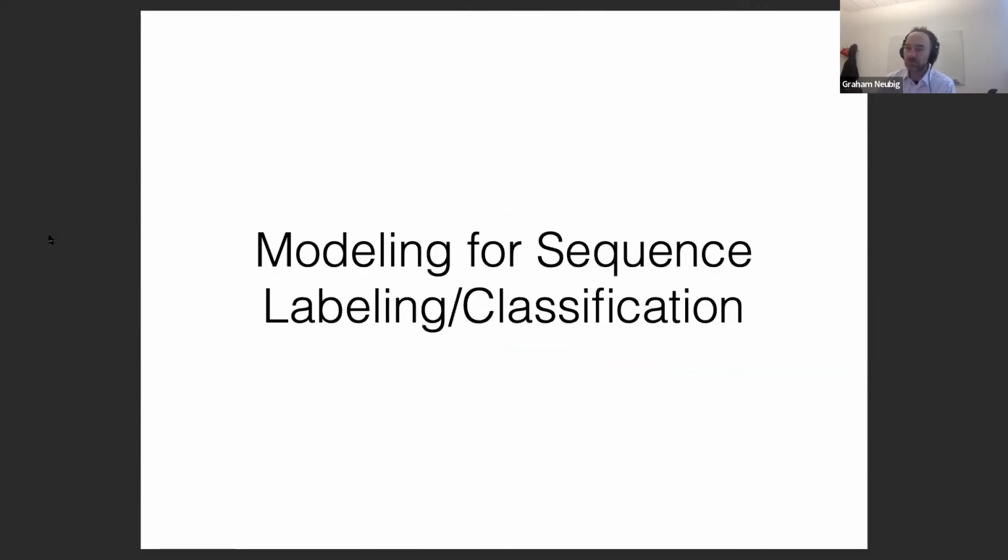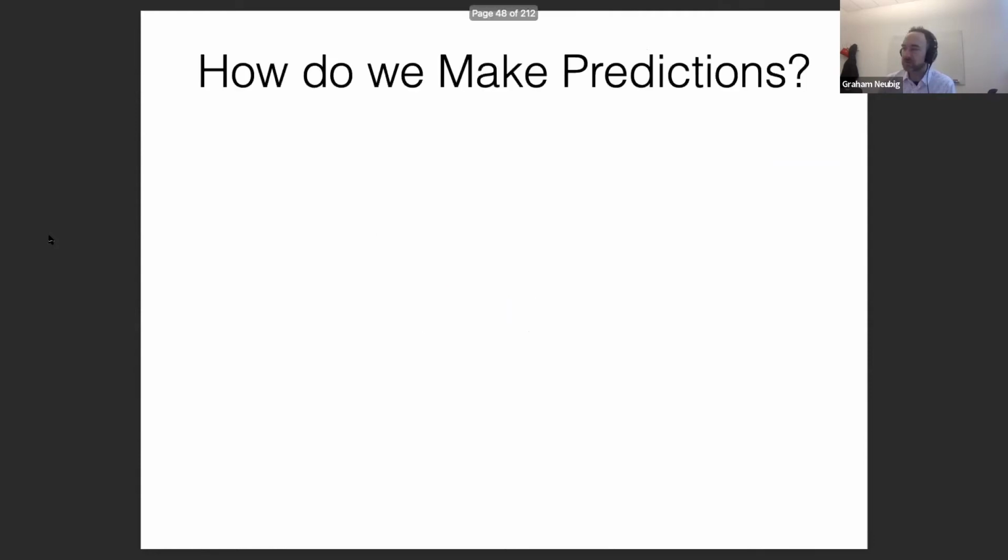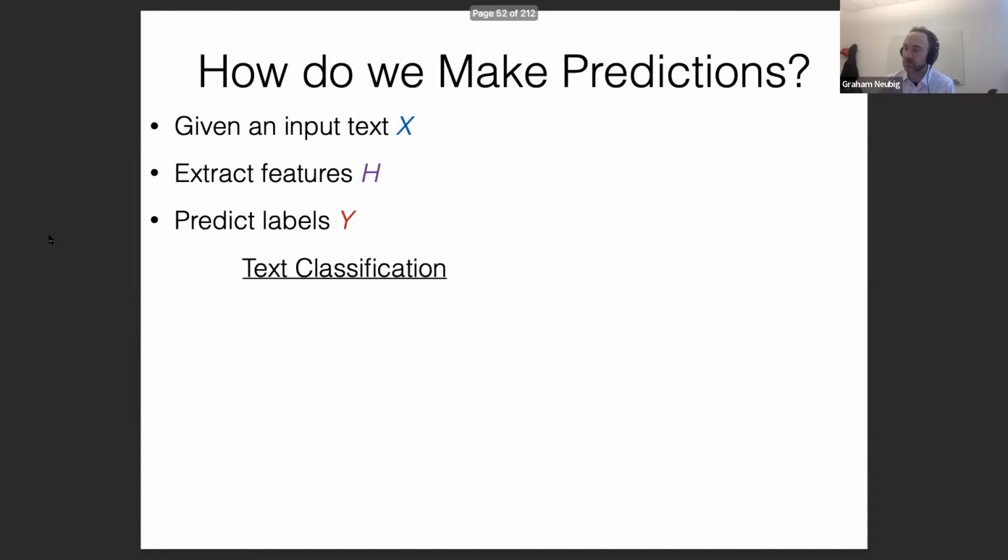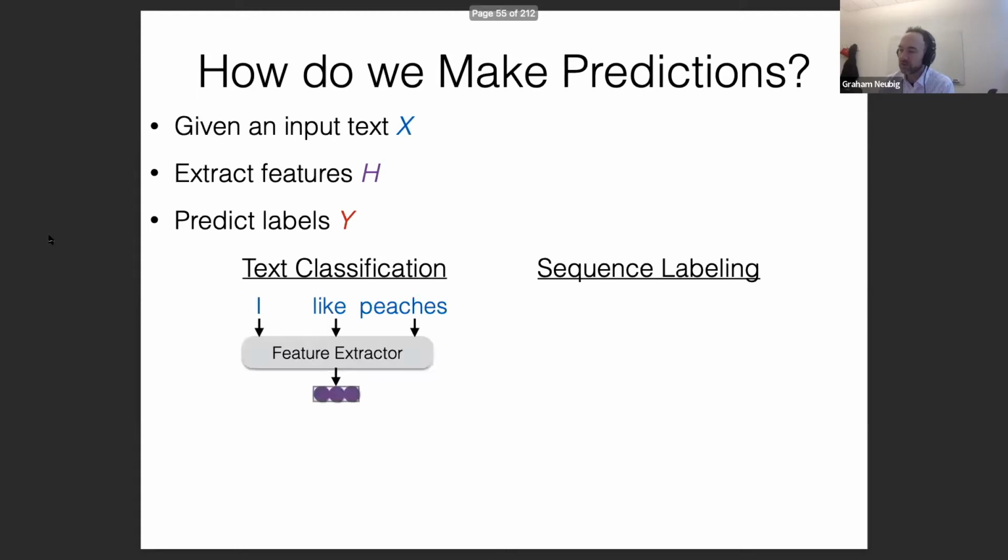Okay, so I'd like to talk a little bit about modeling for sequence labeling and classification. The first question is, how do we make predictions? Given an input text X, extract features H, and predict labels Y. We have text classification and sequence labeling. So we have, like, "I like peaches."